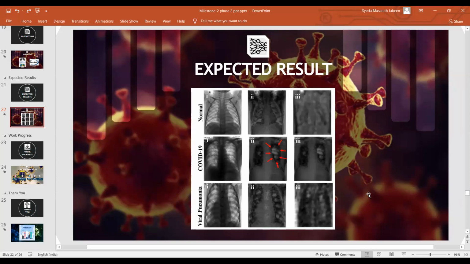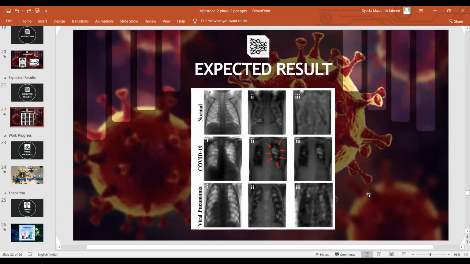Actually, right now you're just saying yes or no. It is something similar to the RT-PCR result, whether it's positive or negative. If you incorporate how much percentage has been affected, that would be much better, I guess. Okay, ma'am. We will output the images, and we will also incorporate the percentage.